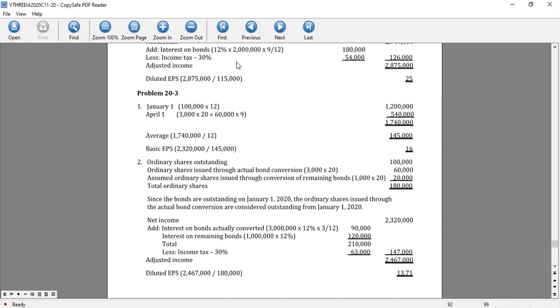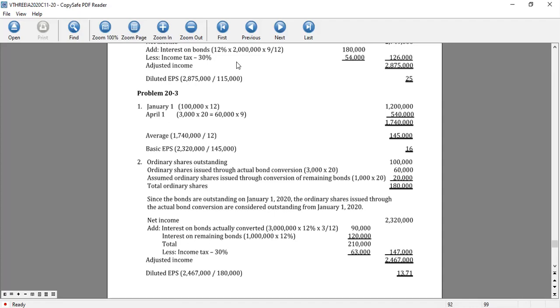That will give 60,000. So meaning the bonds were converted into ordinary shares, good only for 9 months. That's from April to December 31. So we have 540 peso months.